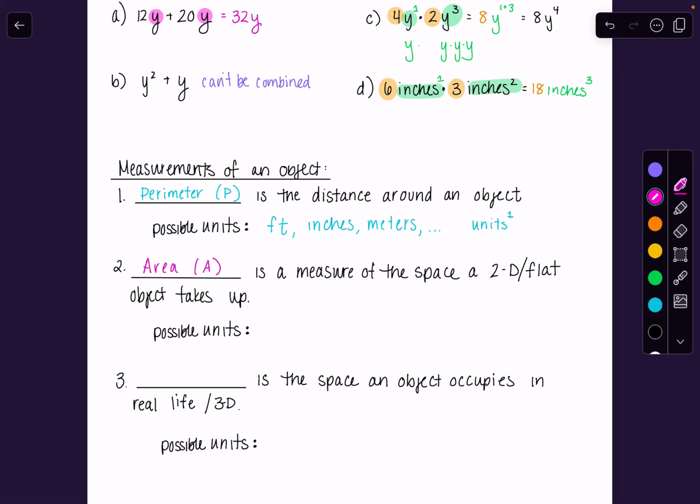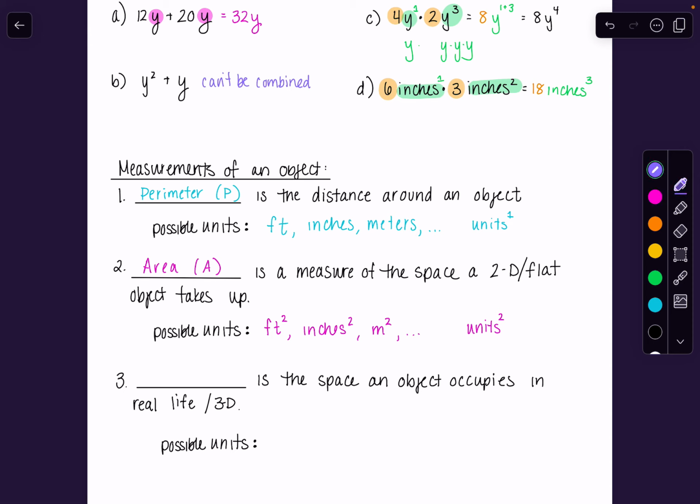So in this case, because it's a two-dimensional object, the units on this could be something like feet squared, the amount of carpet you need for your bedroom. Could be inches squared. Could be meters squared. Could be miles squared if it's something big. So any area is going to be whatever units you're working with to the second power.